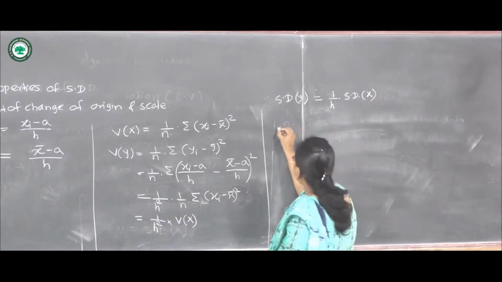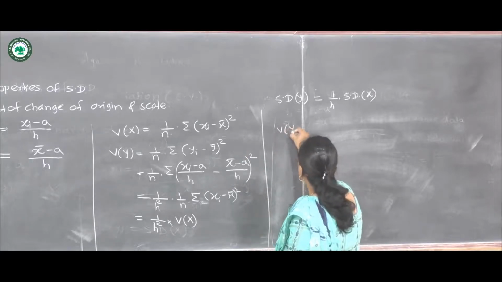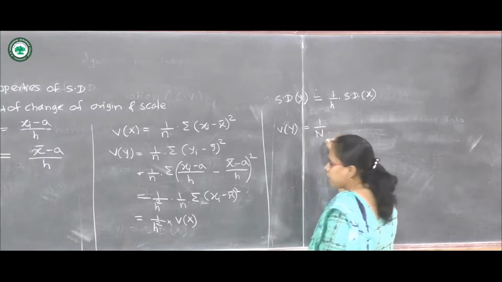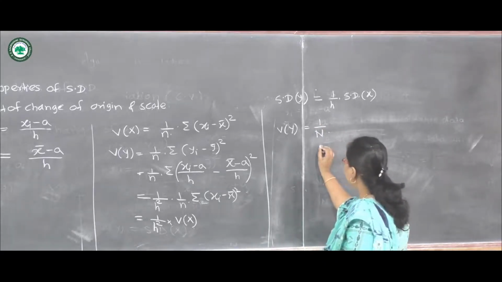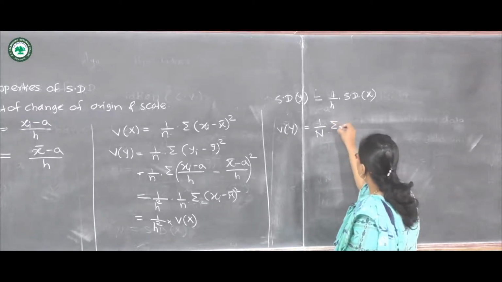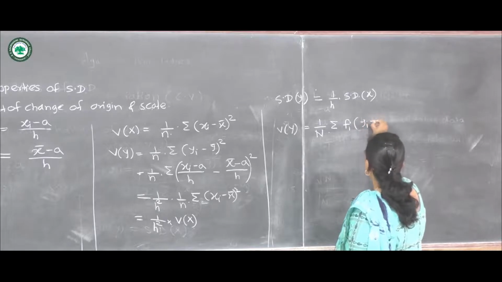And for group data, again this will give variance of y equals to 1 upon capital N, where capital N is the total of frequency. Here I am writing for group type of data. So the formula is summation of fi into (yi minus y bar) whole square.